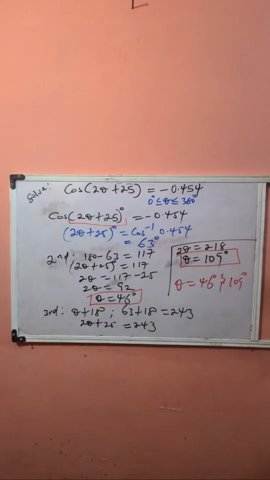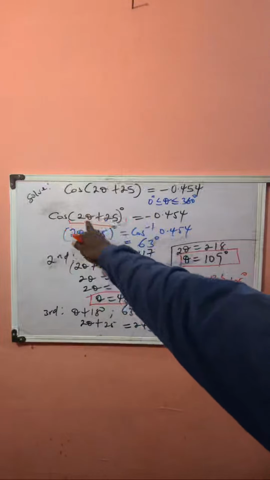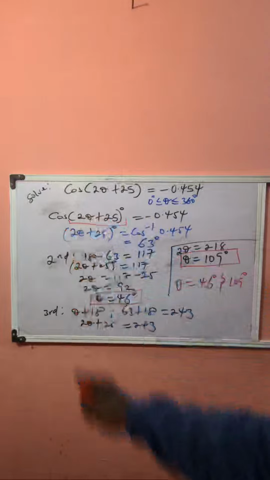So this is the way we go around solving trigonometry equations, especially when we are having compound angles. When I say compound angles here, I'm referring to, or maybe I should say complex angles, where we don't just have theta being represented.